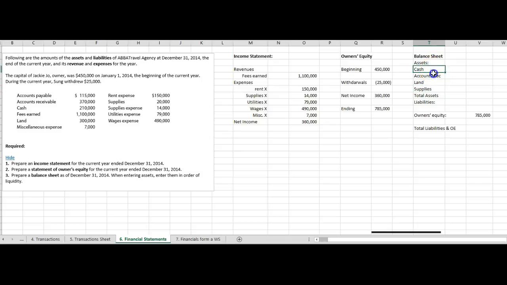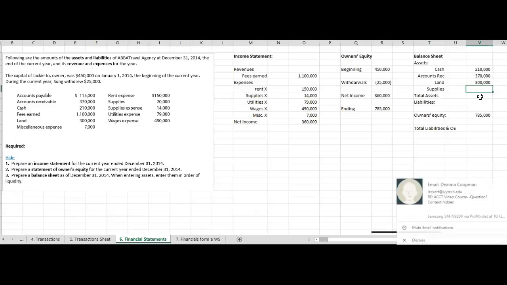And again, I'm going to put those to the right so that I know that those are what I'm going to add. So I have cash of $210,000. I have accounts receivable of $370,000. I have land of $300,000. And I have supplies of $20,000.